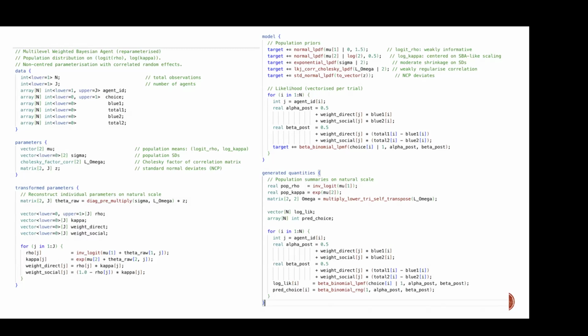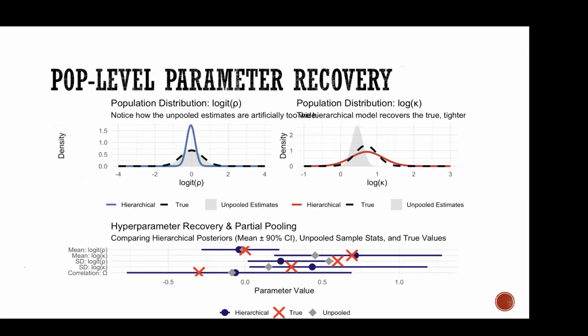When we then go to the model, of course, we need to change a few of the priors, but the only change we make to the calculation of alpha post and beta post is that we need to specify that the weight direct and the weight social are by agent with J. So we fit it.